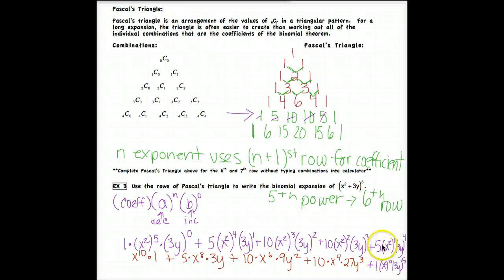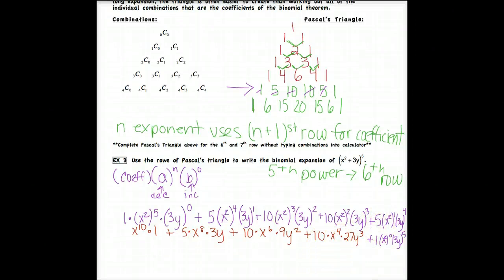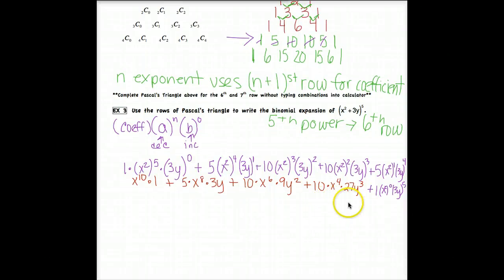This one, running out of room, so this one is coming down here. 5 times x squared times 3 to the 4th power is 81, so it's 81y to the 4th. And then finally, this one down here, 1 times x squared raised to the 0 is 1.